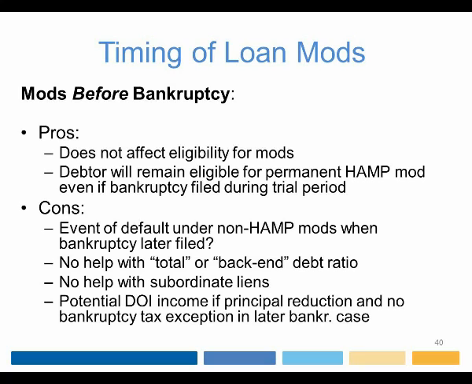So if you have the mod before bankruptcy, you don't necessarily get that benefit of having the discharge in bankruptcy, particularly if there was a principal reduction that is part of the modification.